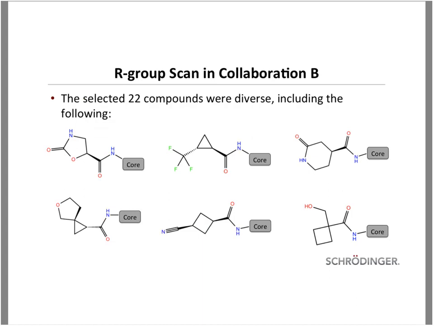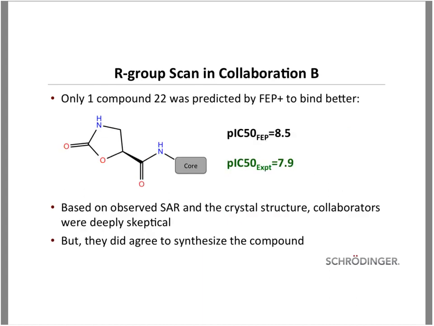These 22 compounds were reasonably diverse and not only hydrophobic as shown on the previous slide, and they include these various changes here. The only compound that was predicted to be better was this cyclic carbamate shown here, where FEP predicted it to be half a log unit better than the reference compound.